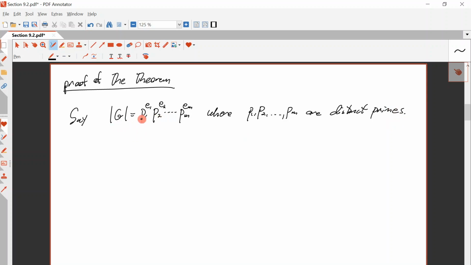Okay, so we've written it like that. Now let A sub pi be the set of all g in G such that the order of g is a divisor of pi to the ei.